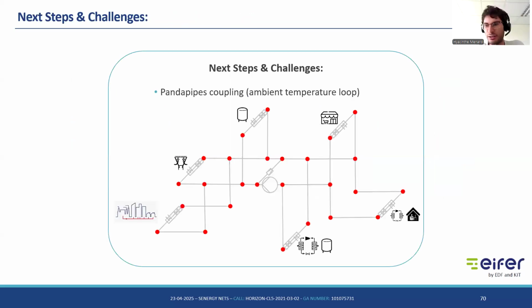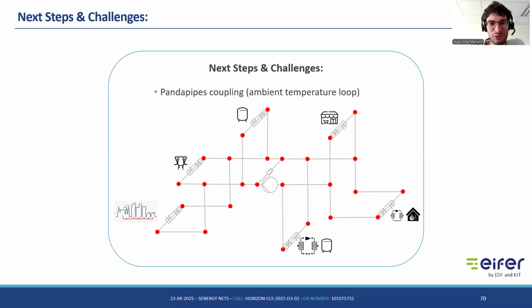Finally, I will finish by presenting the next steps and the challenges that we meet in the project. What I would like to do now is to use Panda Pipes to model the ambient temperature loop itself, which will be way more realistic, closer to the real system.